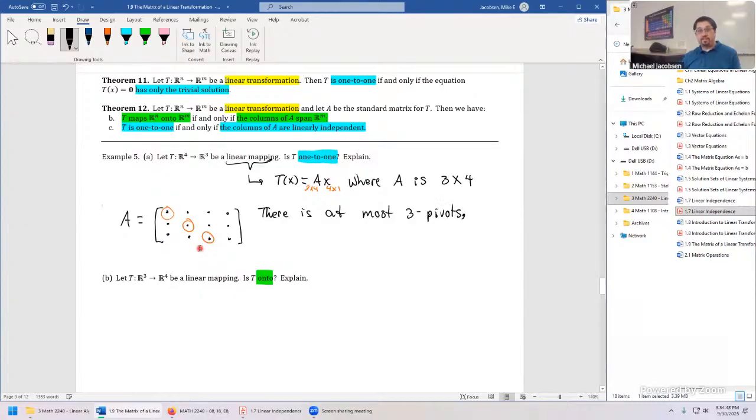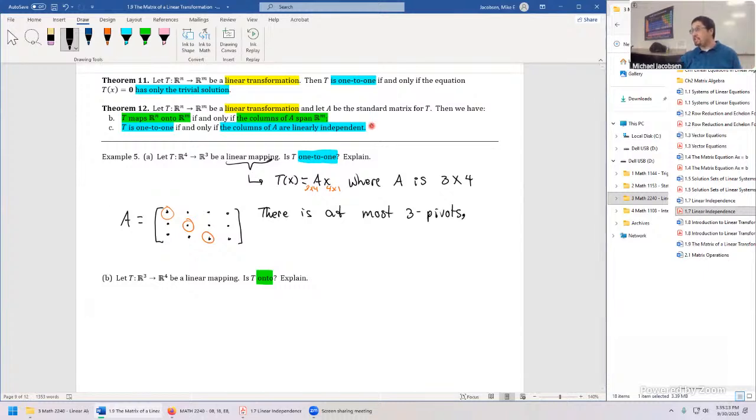You might have thought of this in a different way. There's another theorem that says if you have more columns, 4 of them, than entries per column, 3 of them, the columns are automatically linearly dependent. So if you thought in those terms, that's a great way to attack this as well. I'm emphasizing the pivots, it looks like, mostly on this one. So if there's at most 3 pivots, that means there's 4 columns with 3 pivots.